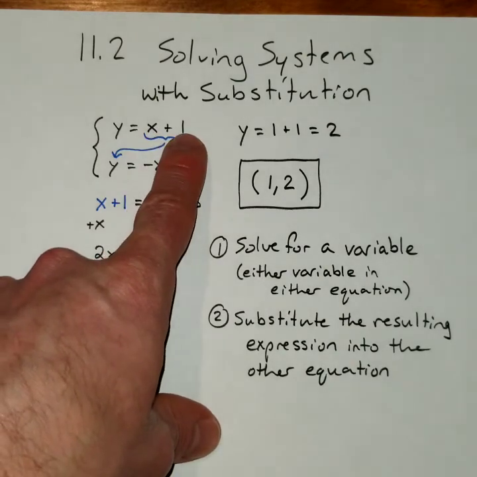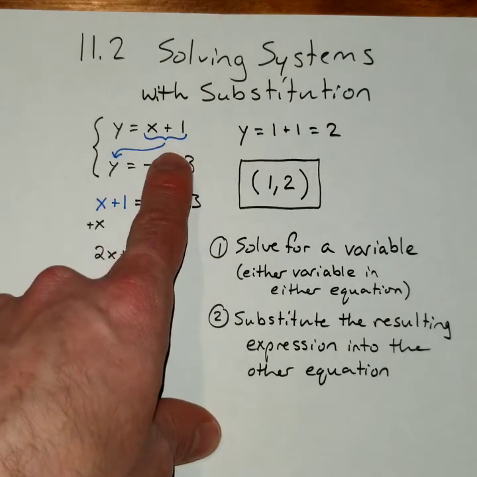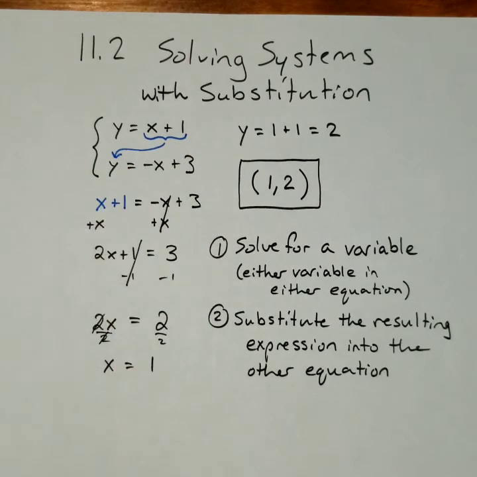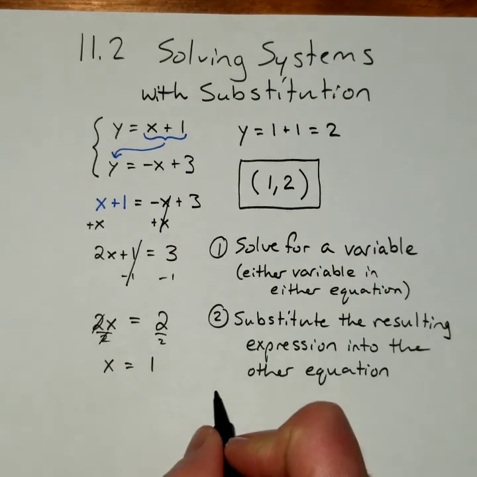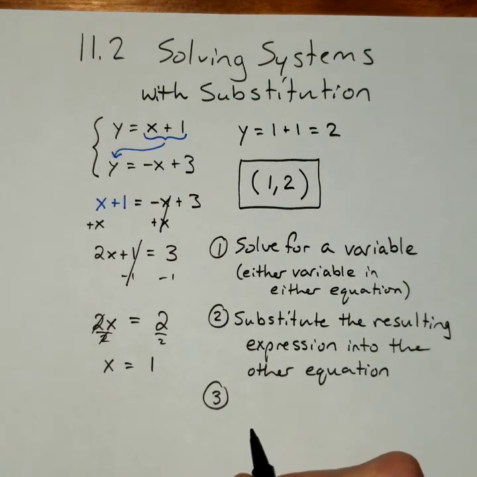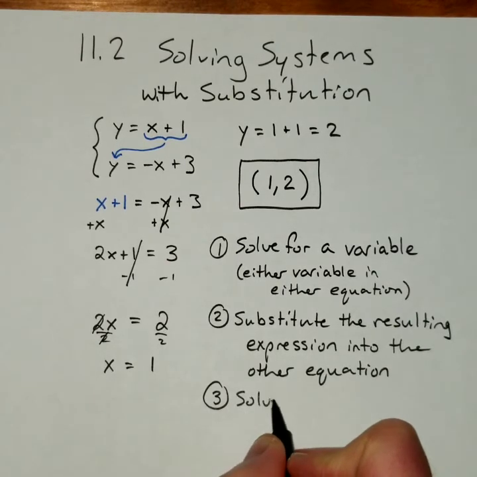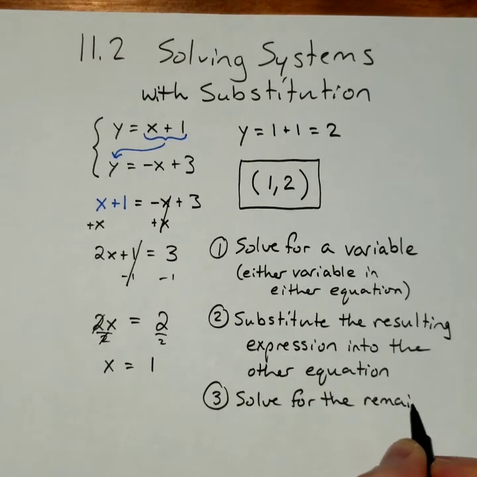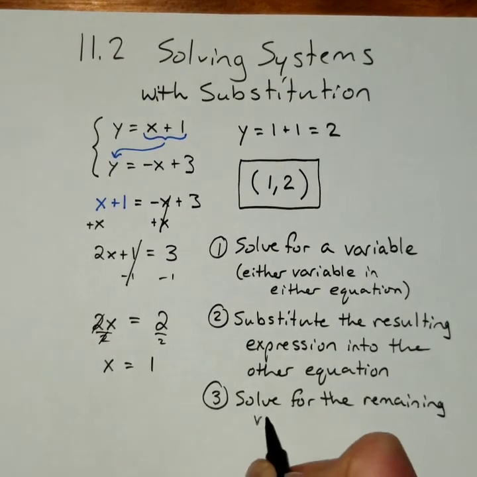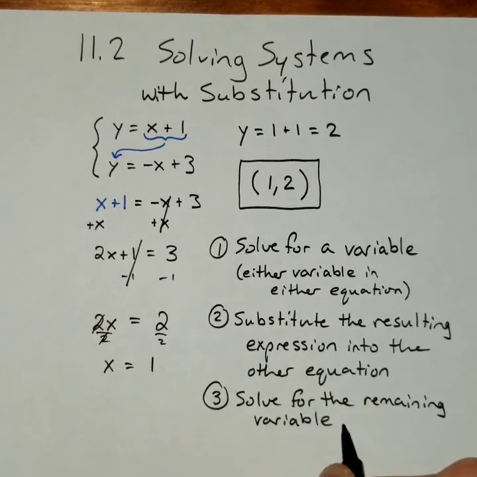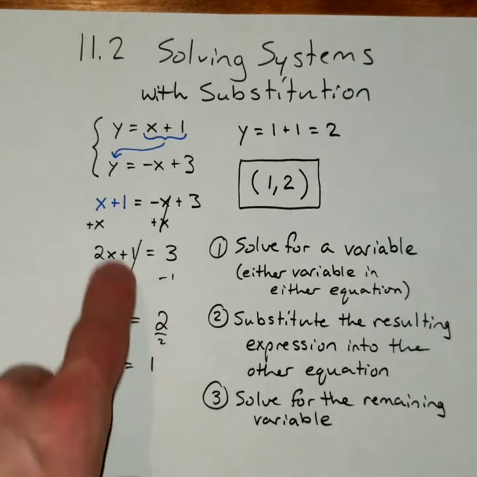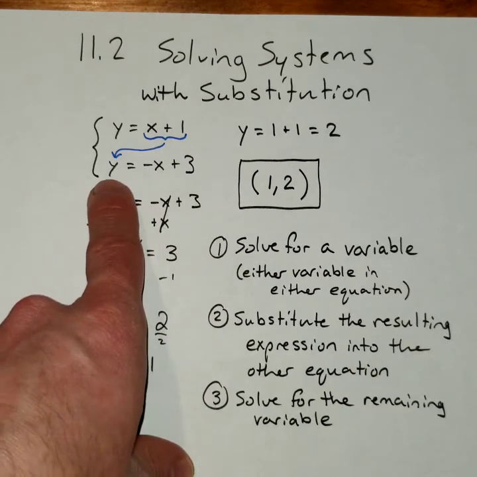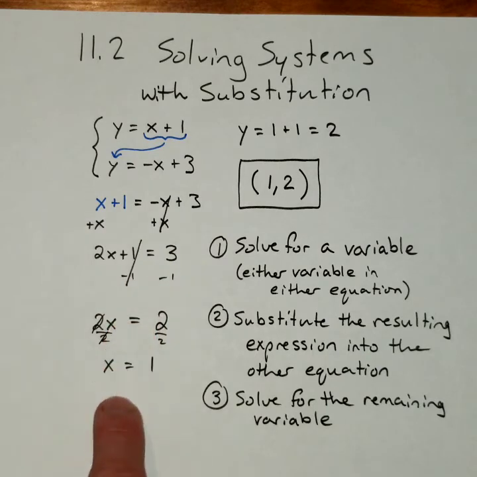We took the x plus 1, that's the resulting expression, and we substituted it into the other equation for the y. Step 3 is to solve for the remaining variable. Once we did that substitution, the remaining variable was x, so it eliminated the y as a variable. We solved for it and got a 1.